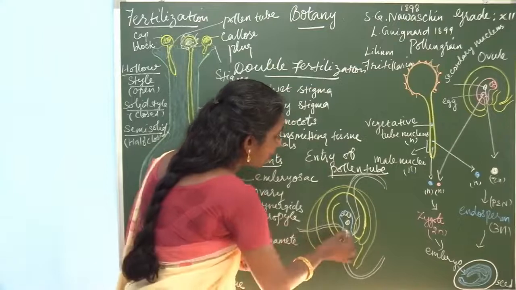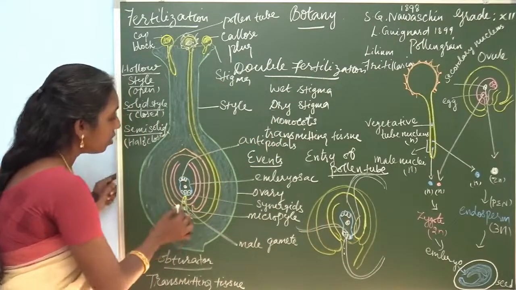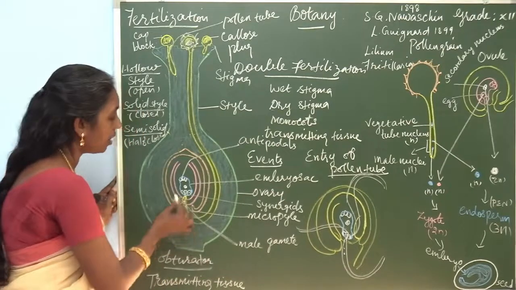These are the integuments. Through these, three different entries are possible. Now we are looking at this diagram as entry of the pollen tube towards the micropylar region.